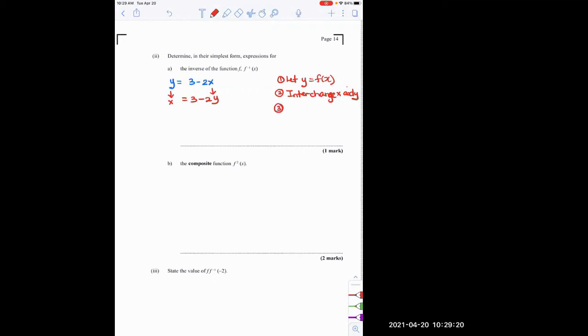Step 3, make y the subject. So in order for me to make y the subject, I need to eliminate 3. So the opposite of add 3 is minus 3. So x minus 3 is equal to minus 2y.